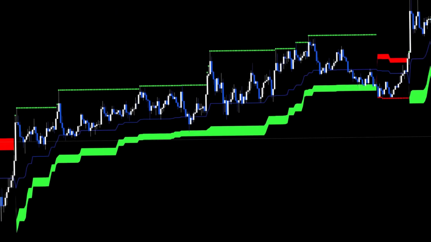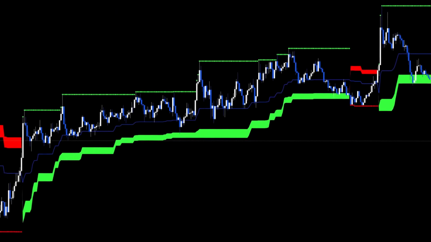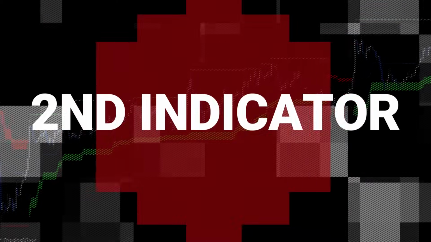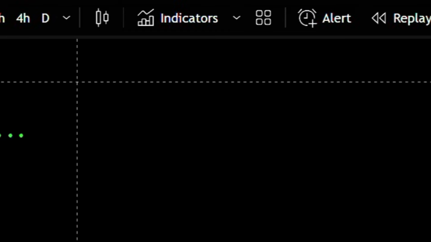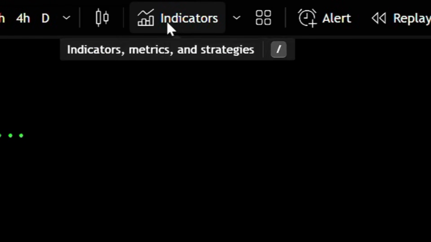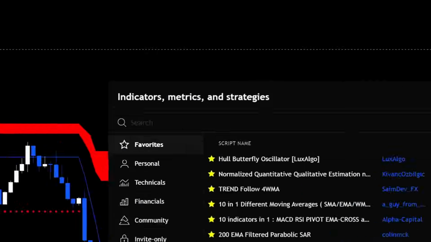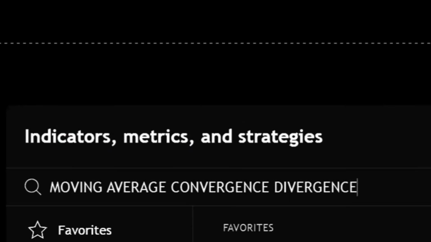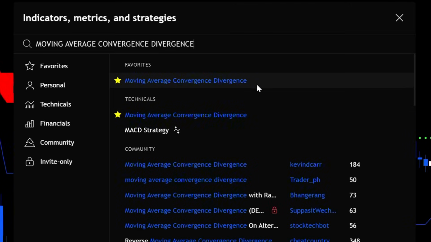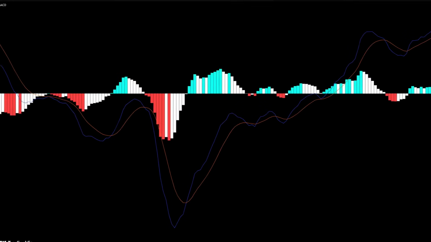So we've got our foundation, the swing arm trend indicator, but we need one more piece for a truly solid trading strategy. It's the moving average convergence divergence, or MACD, and you've probably heard of it.